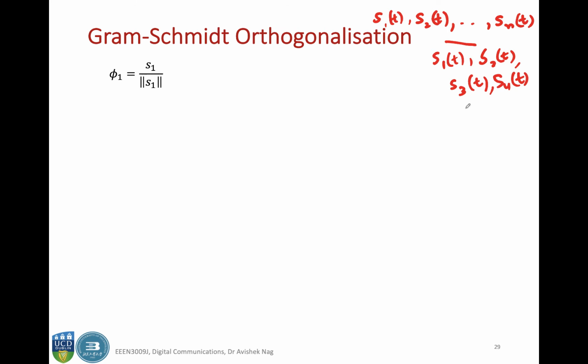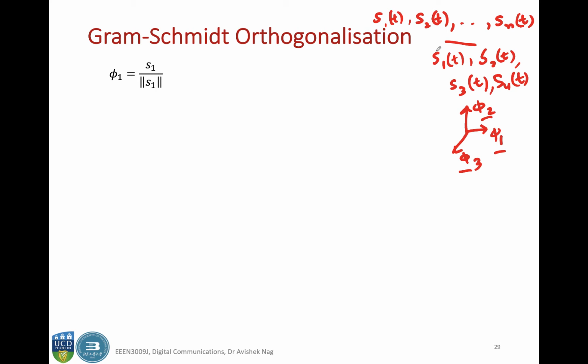Whether I need two dimensions, phi1 and phi2, or three dimensions, phi1, phi2 and phi3, can also be obtained from Gram-Schmidt orthogonalization. The algorithm will stop once you have a complete set of basis functions that are enough to define these four signals, or any arbitrary set of signals from S1, S2 to Sn.